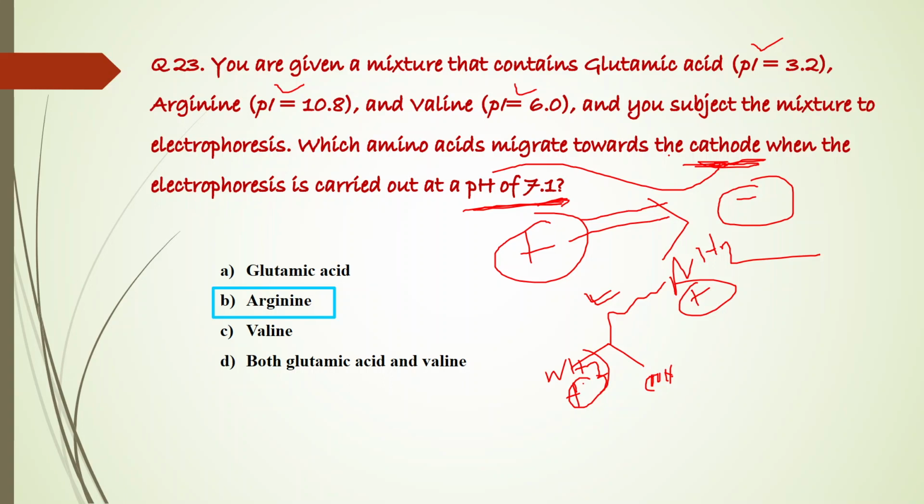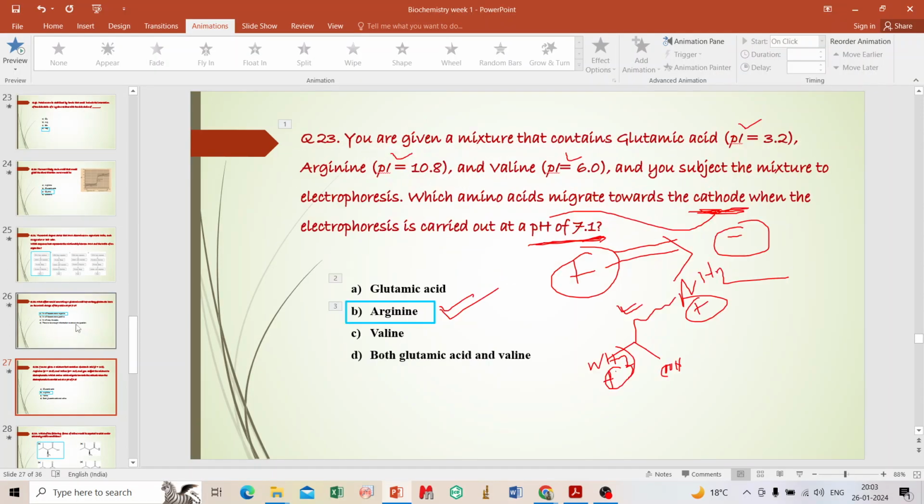For valine, there is no additional R group that can operate its acidity or basicity, so that is not an option either. The only one that remains positively charged at pH 7.1 is arginine, and thus it will move towards the cathode. Okay, I think with this I will stop.